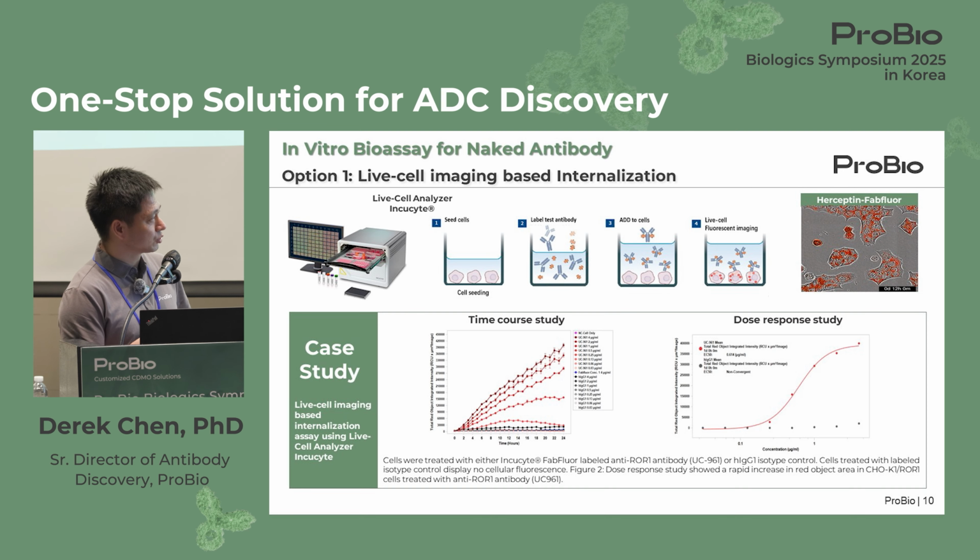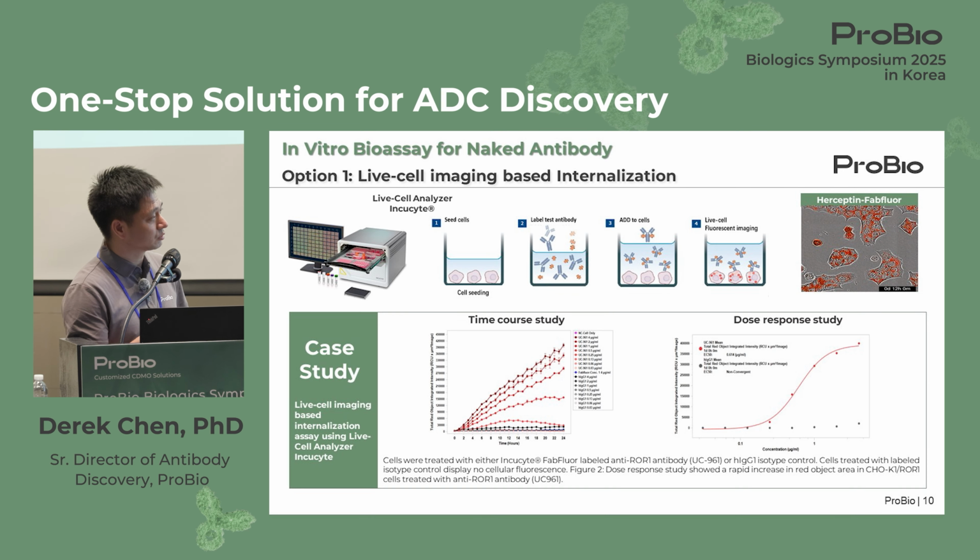The key feature of this platform is that it is able to measure the internalization at 2 different levels. Traditionally, people do this kind of assay by dose response curves, like the graph on the bottom right. So basically, we can establish a correlation between the antibody concentrations on the x-axis and the internalization intensities on the y-axis.